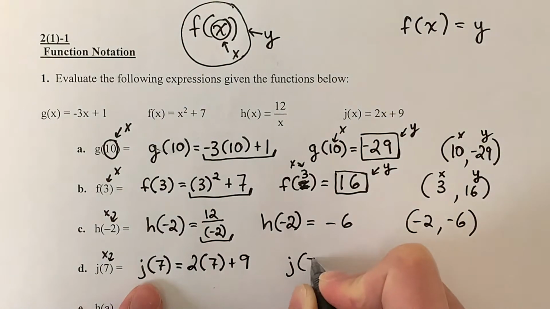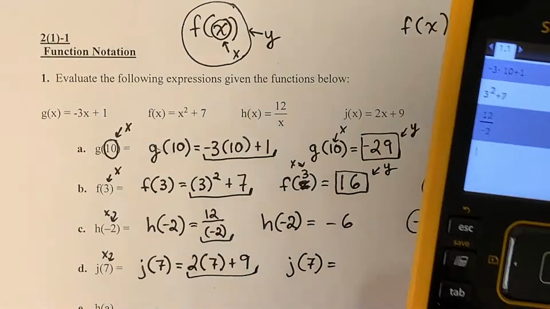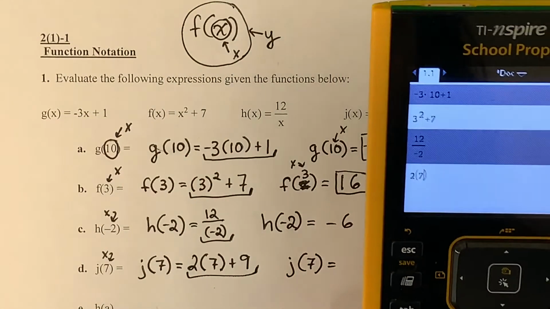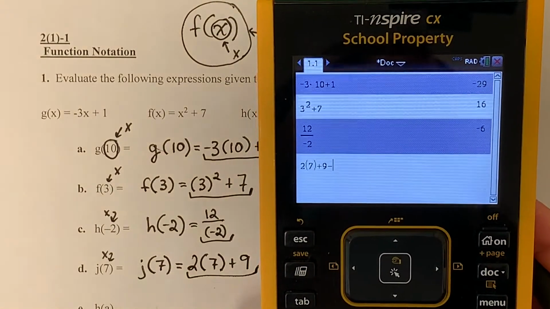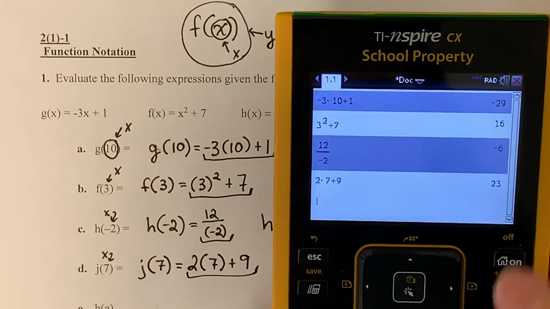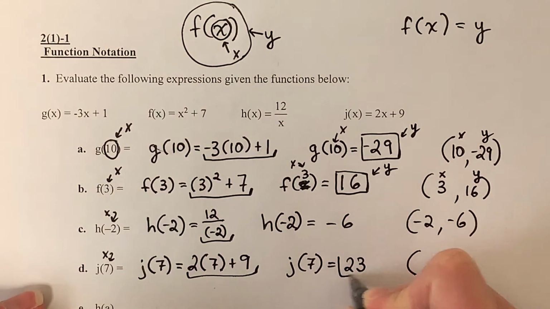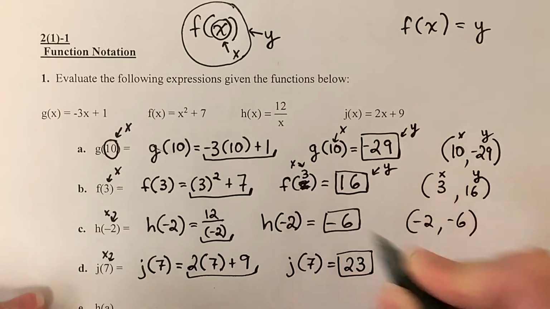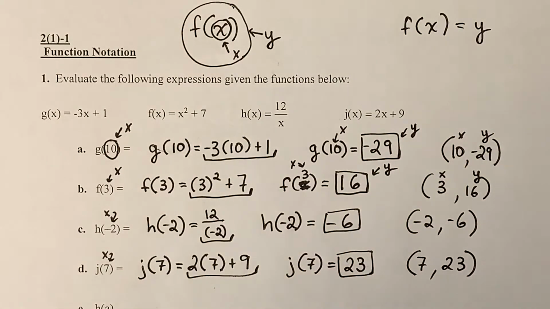Copy j of 7 equals, in the calculator, 2 times 7 plus 9. 23. So this is my answer. I'll put 7, comma, 23. So that's how you do that part.